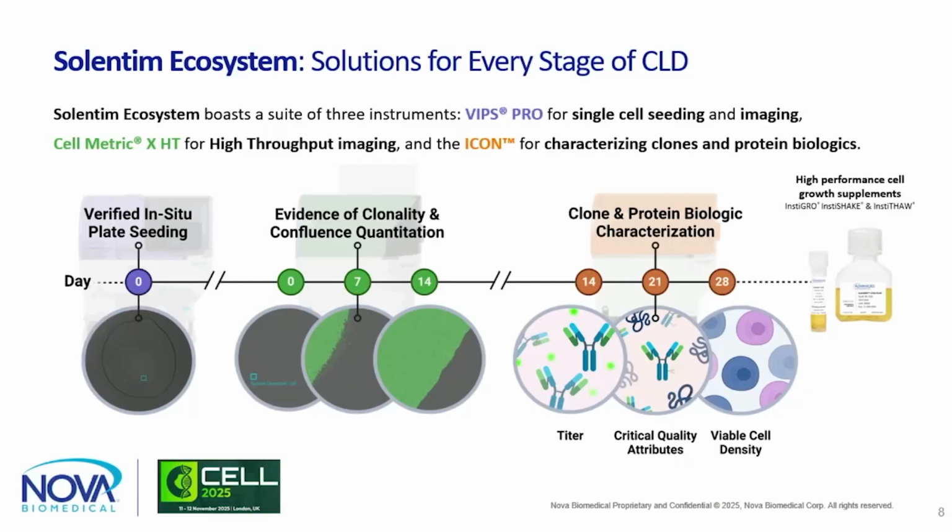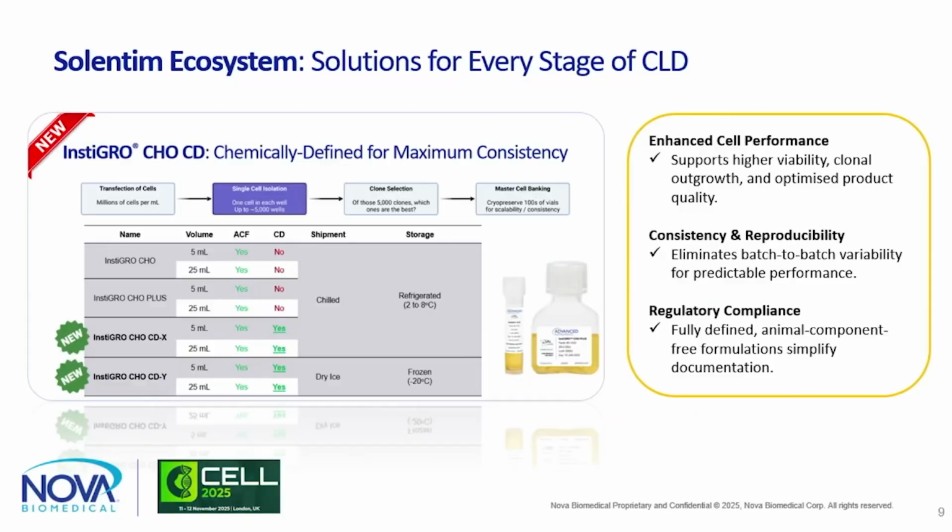We also have reagents, which are designed to enhance cell growth at different stages of the cell line development process, whether it's at the clonal stage, at shaking, or when you are thawing. We are really excited to announce that we have just recently launched our chemically defined Instagrow reagent.